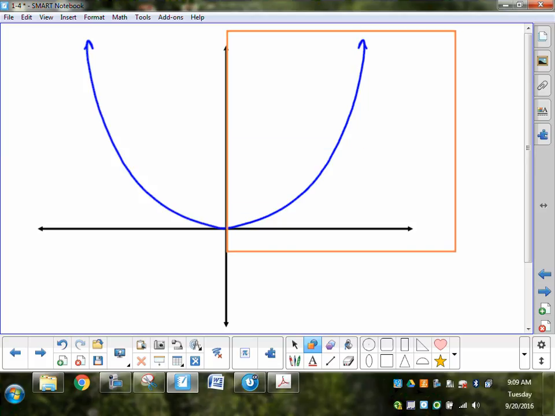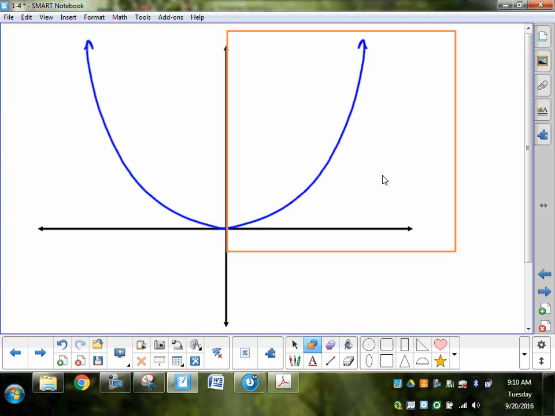If I only look from 0 out to positive infinity, is that portion one-to-one? Okay. Who can give me another interval that I could restrict this to so it would be one-to-one? Negative infinity to 0 also. You could pick either one. That means I'm just looking at the left half.